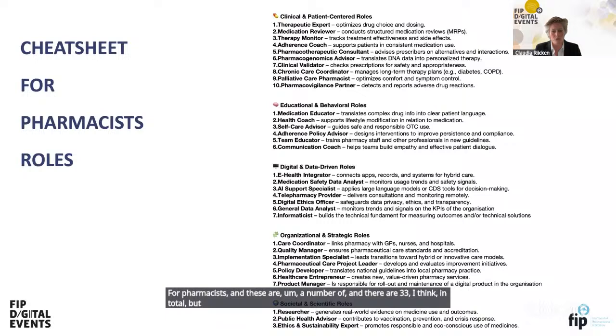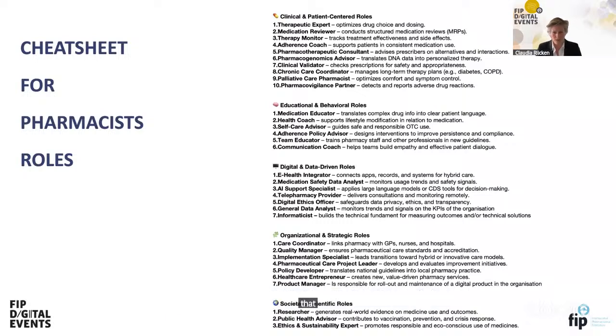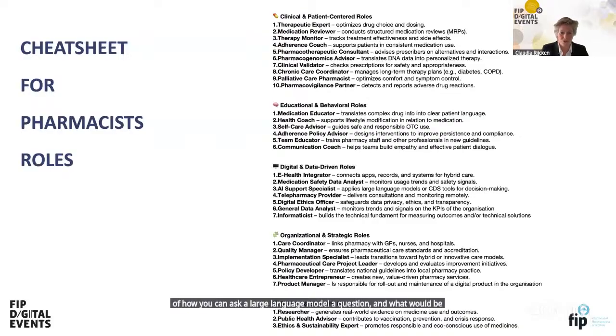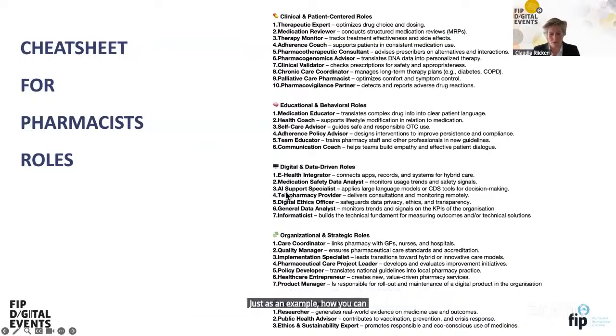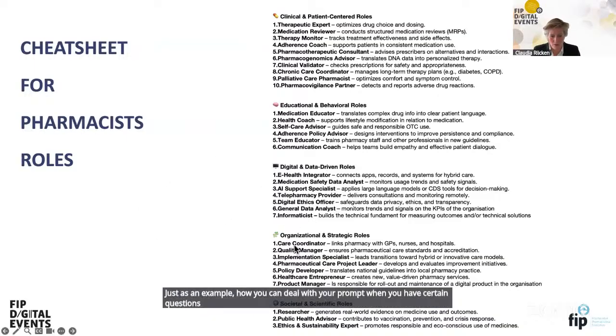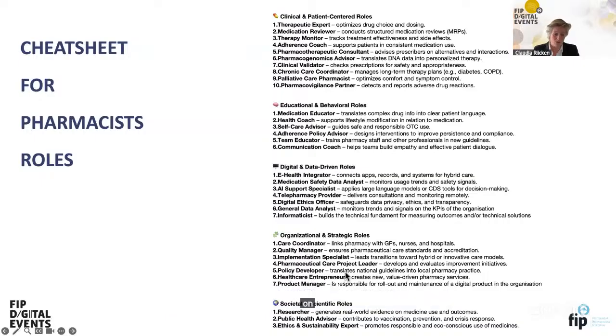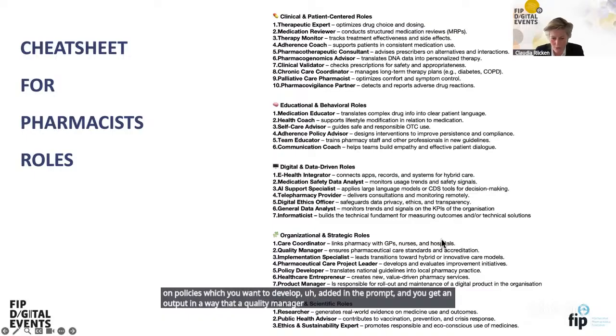But these are roles that an AI can take to give you an answer, just as an example of how you can ask a large language model a question and what would be the output of such a role. Just as an example, how you can deal with your prompt when you have certain questions on ethics, on care, on policies which you want to develop. Add it in the prompt, and you get an output in a way that a quality manager, for example, usually speaks to the external world.